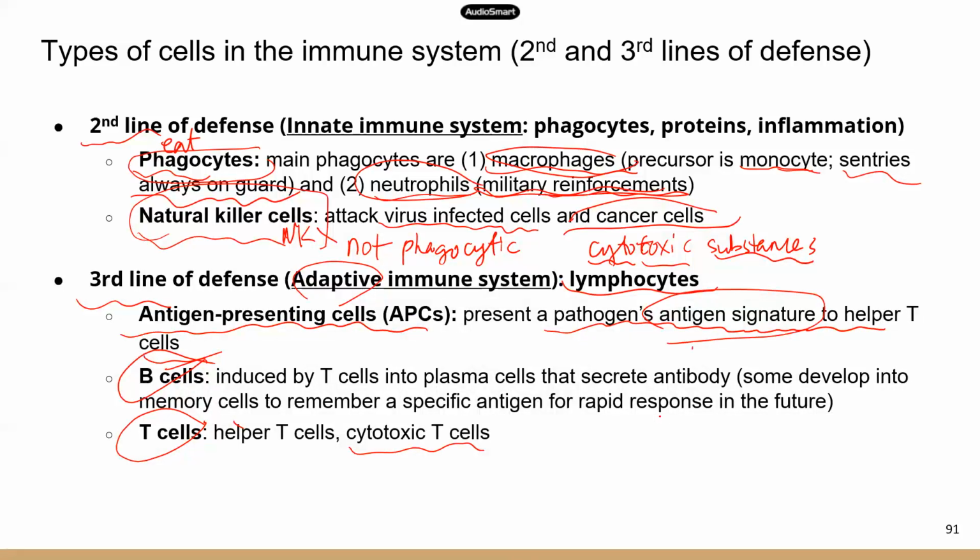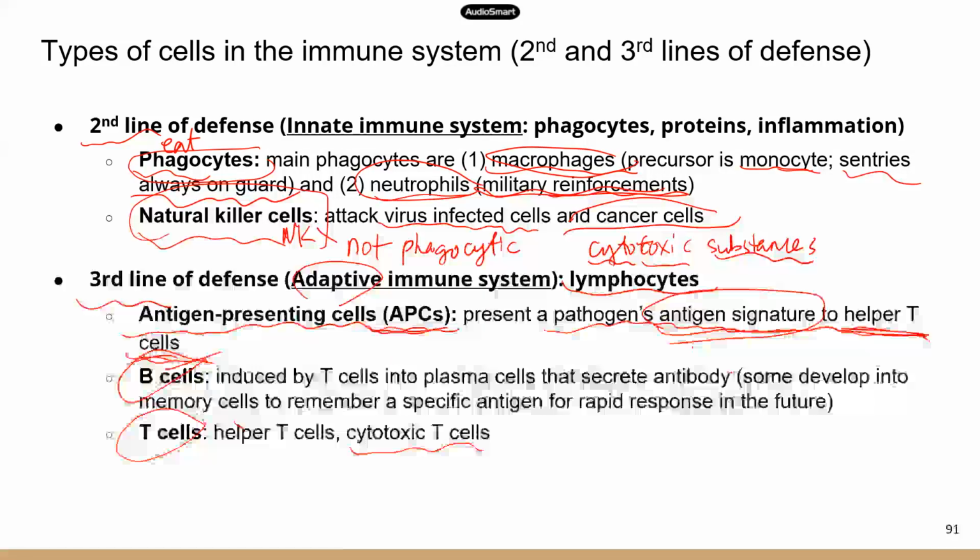But a lot of times, the cells cannot read those patterns, those signatures, and they need help from a different group of cells. And the cells that can help are called antigen-presenting cells, the APC cells.